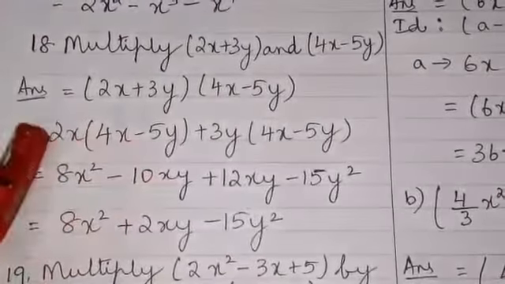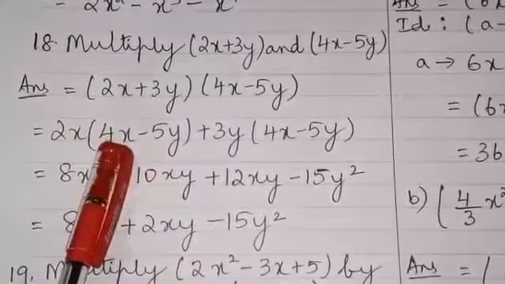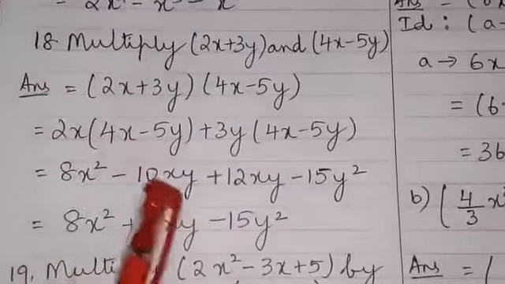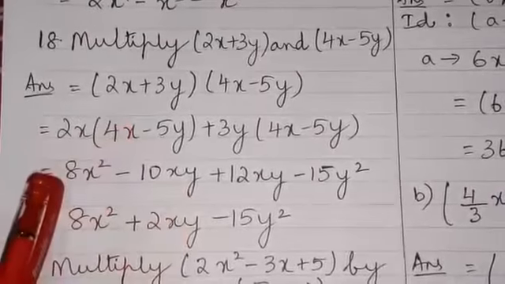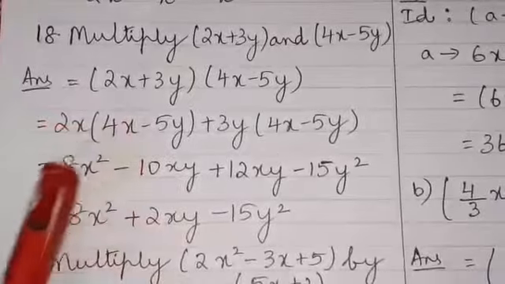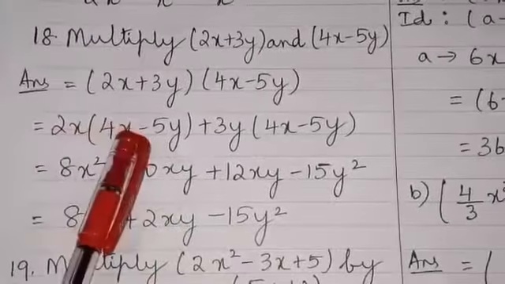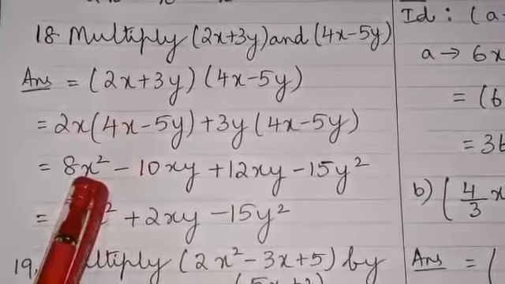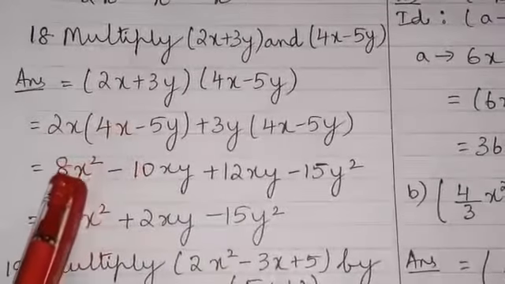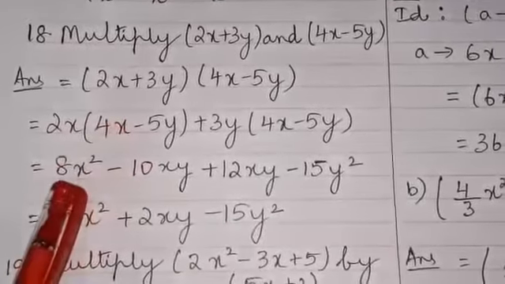When you're multiplying two terms, we first multiply their signs. Plus into plus is plus, so you don't have to write it. Now multiply the numbers: 2 4s are 8. Next, multiply the literal factors: x into x is x square. So 8x square is the product of 2x and 4x.